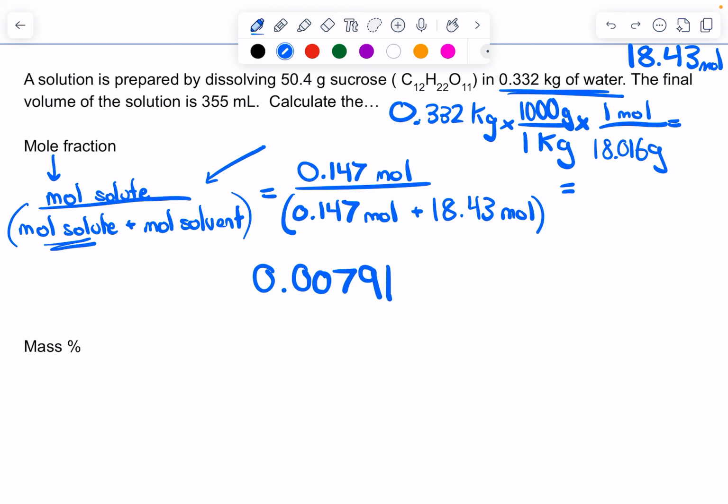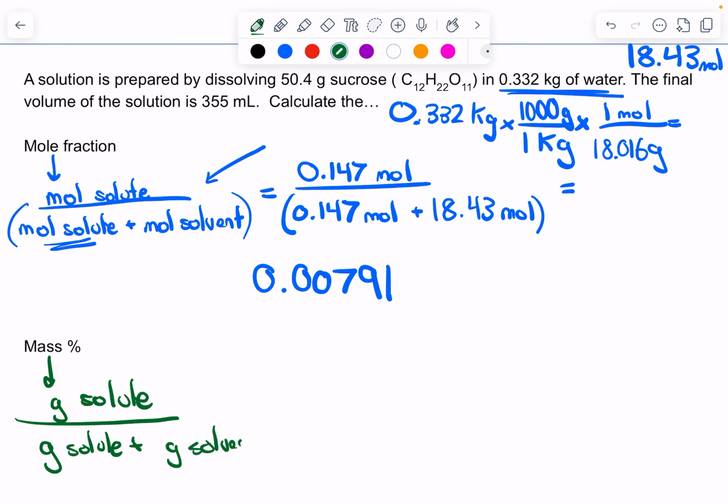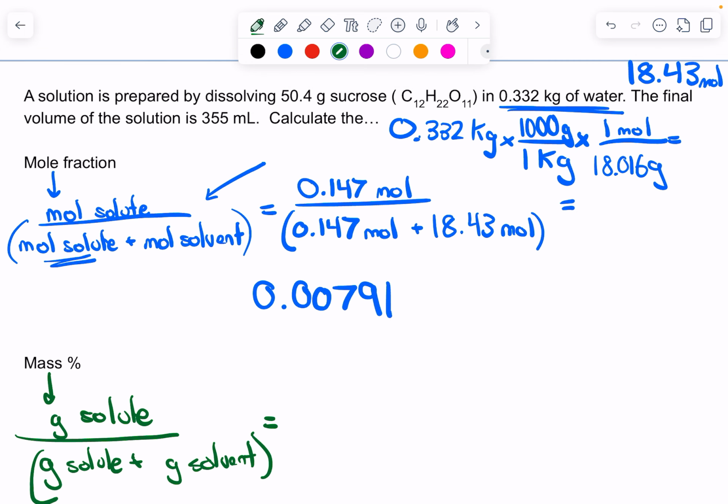Okay, last one, mass percent. So definition, grams solute over grams solute plus grams solvent. Okay, so plugging in grams solute, 50.4 grams.